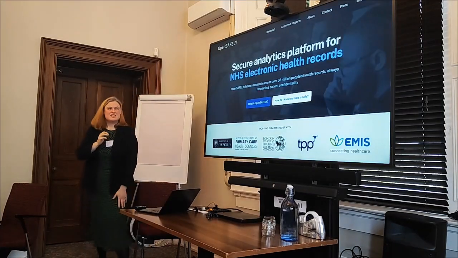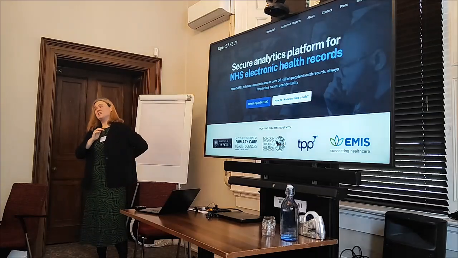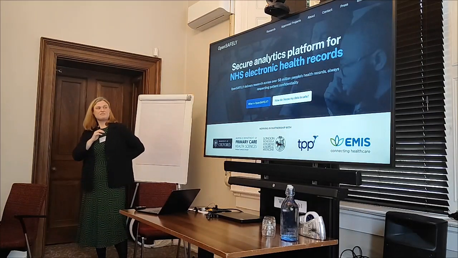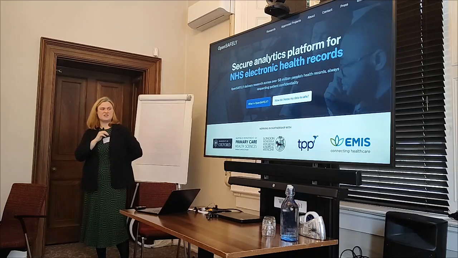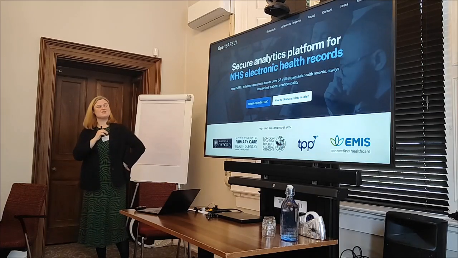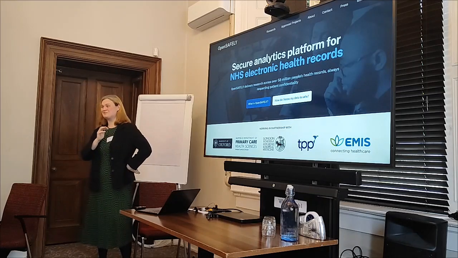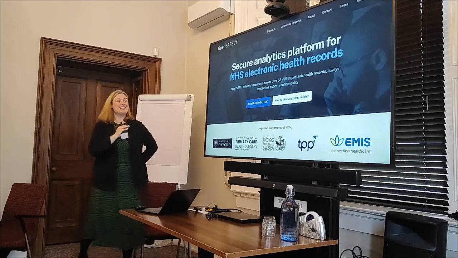And then you have Open Safely. Ben Goldacre came to Bristol last week and he did his introduction to Open Safely. This is an open source tool-based system. I don't think he would like the term secure data environment, but essentially that is what it is.